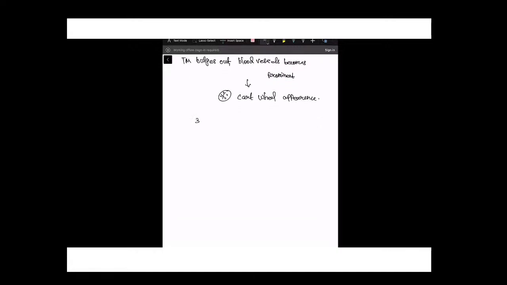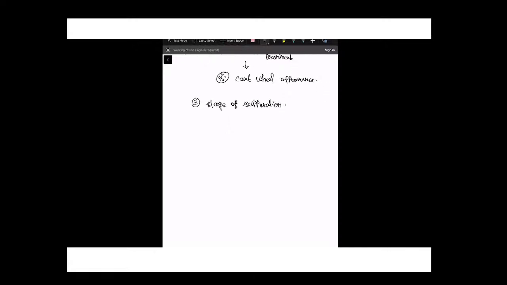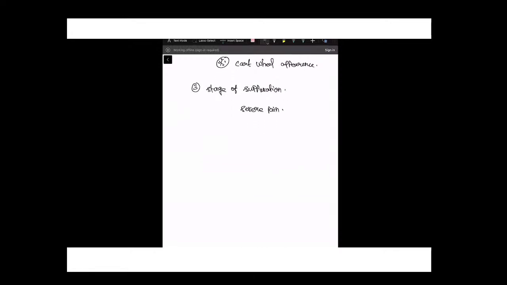Stage 3 is going to be the stage of suppuration. There is going to be severe pain because of the tear. There is pus present.